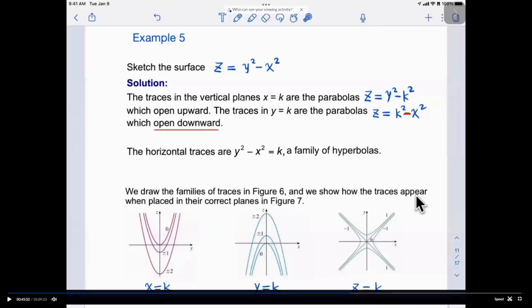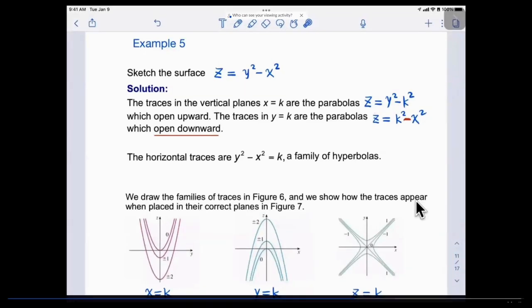Then d equal to k. So we replace the d here by k, and we get what? y squared minus x squared equals k, which is a family of hyperbolas. Yeah, hyperbolas.